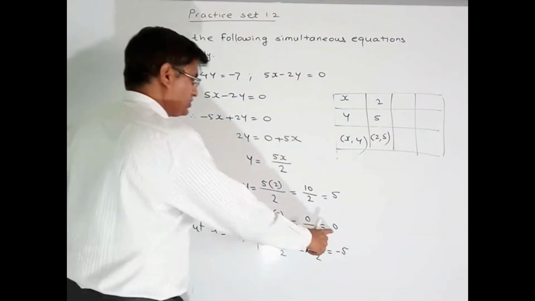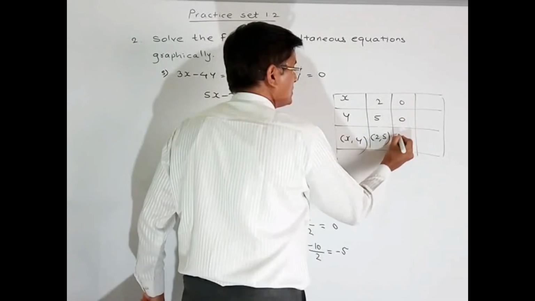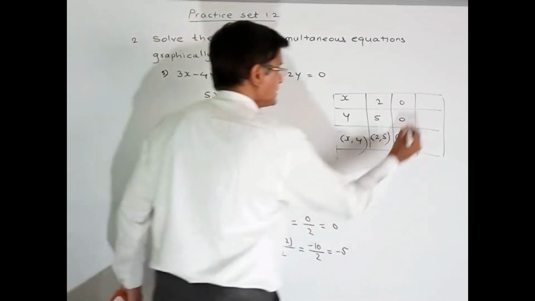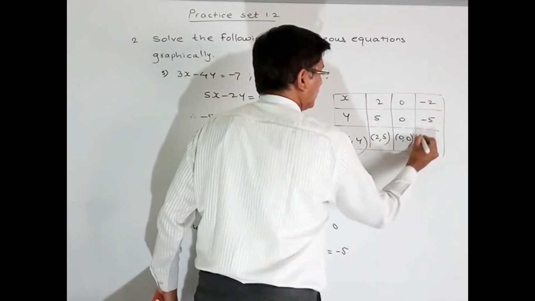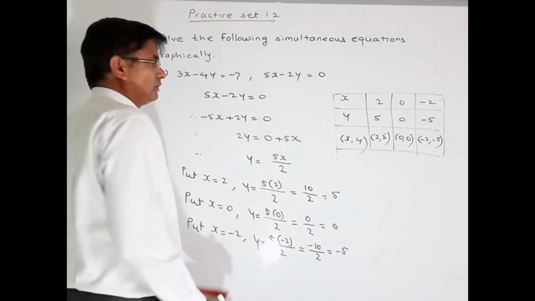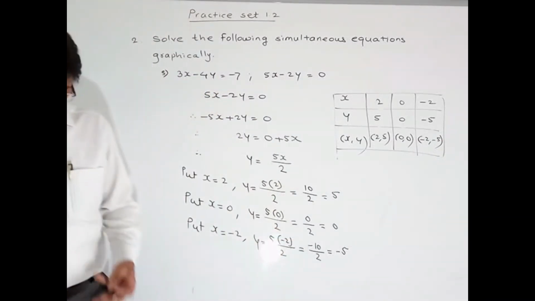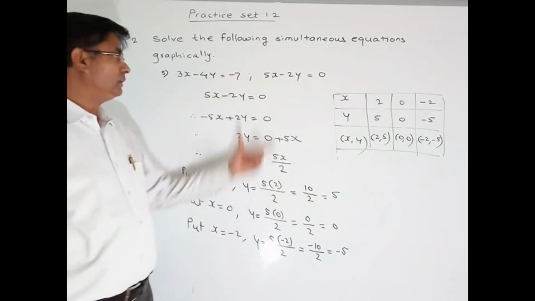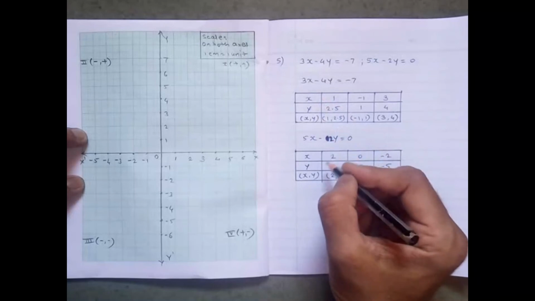Third is 0, 0. Next is minus 2, minus 5. This way we got the two tables. We'll draw the graph on the graph paper and we'll find the solution of these two equations. So these are the tables.